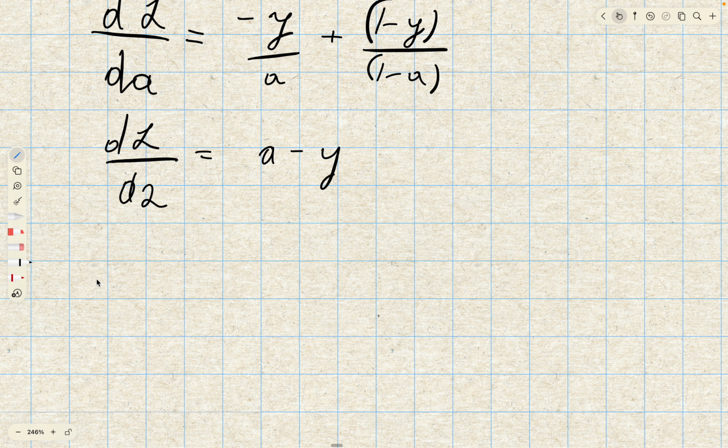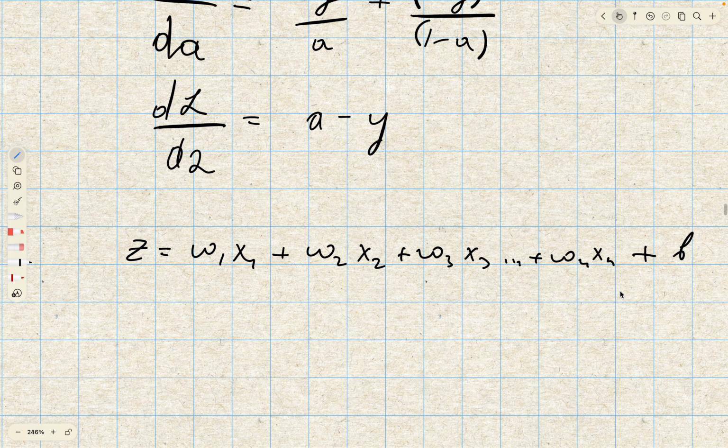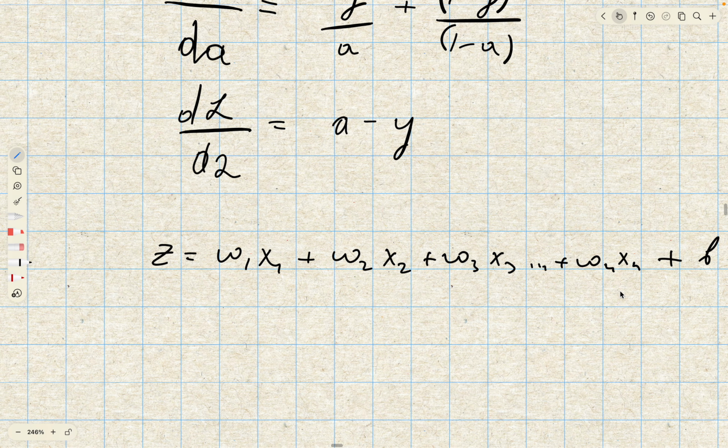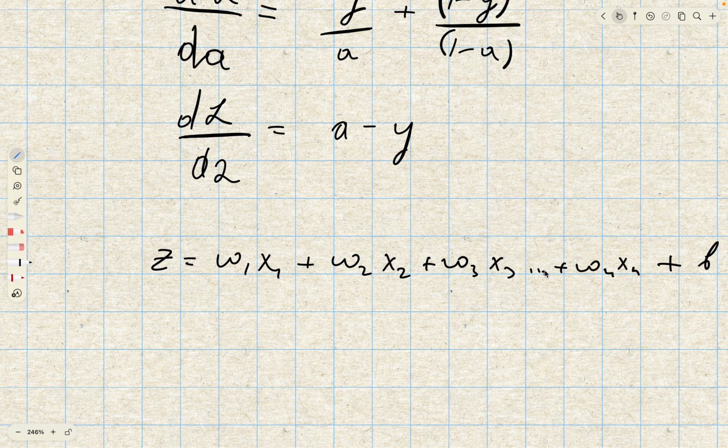Just a quick recap. As you can remember, Z is V1 X1 plus V2 X2 plus V3 X3, and so on plus Vn Xn, and it ends with plus B. We remember that, and we also remember the chain rule.